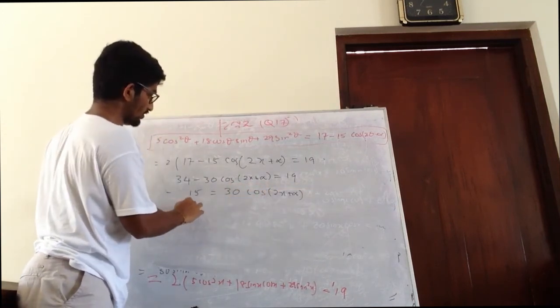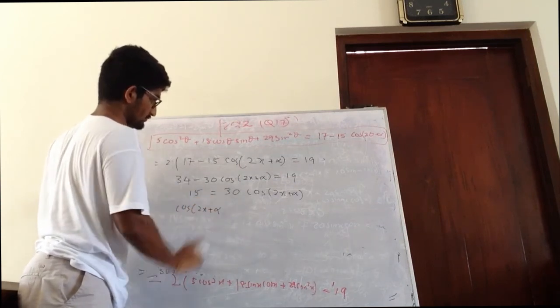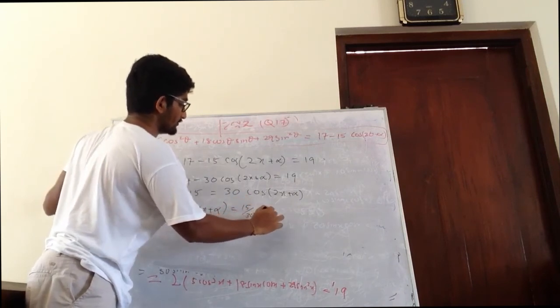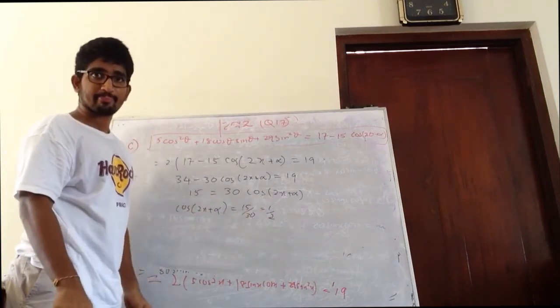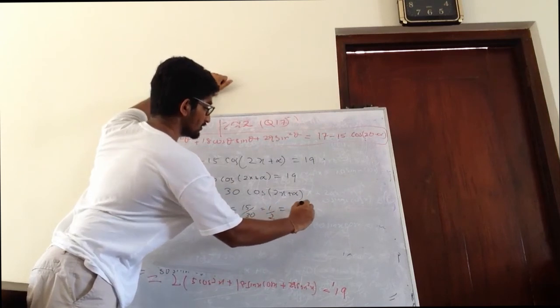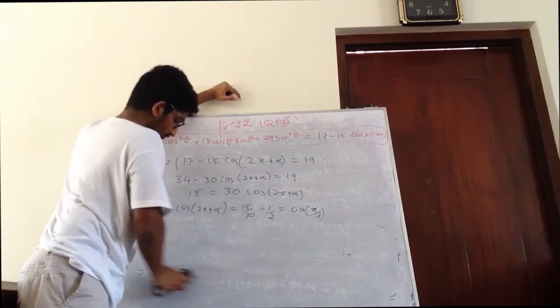So now basically cos (2x plus alpha) is 15 over 30, that is half. Correct, no? So now half is what? Cos of pi over 3. Right?